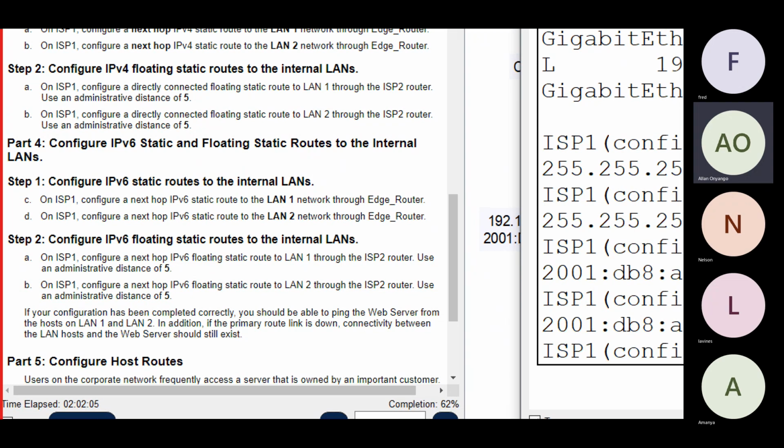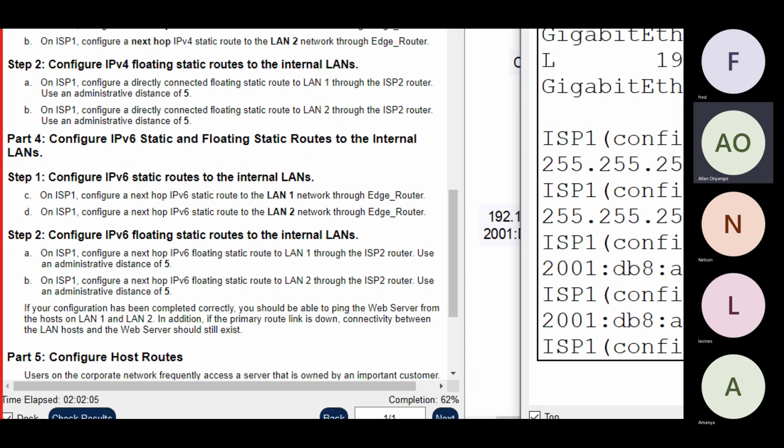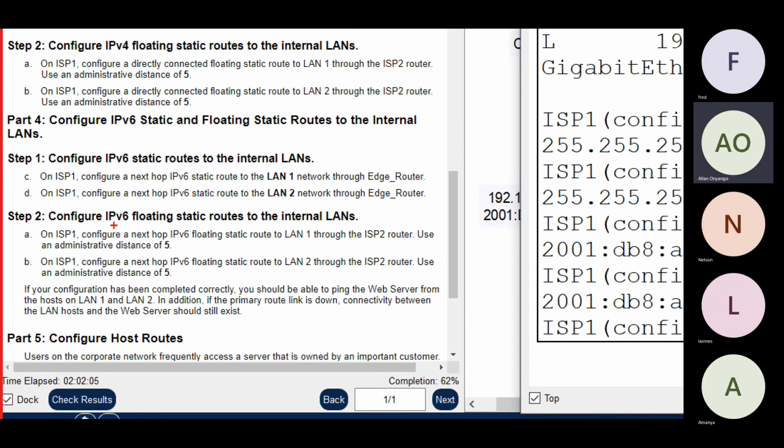In step 2 of part 4, we now need to configure IPv6 floating static routes to the internal LANs. On ISP1, we need to configure the next hop IPv6 floating static route to LAN 1 through ISP2. Very interesting. Next hop floating static route to LAN 1, but through ISP2.